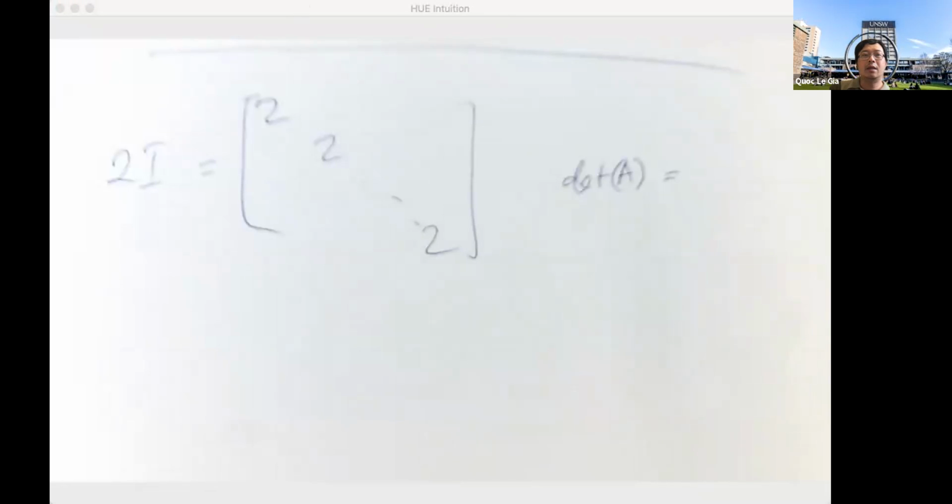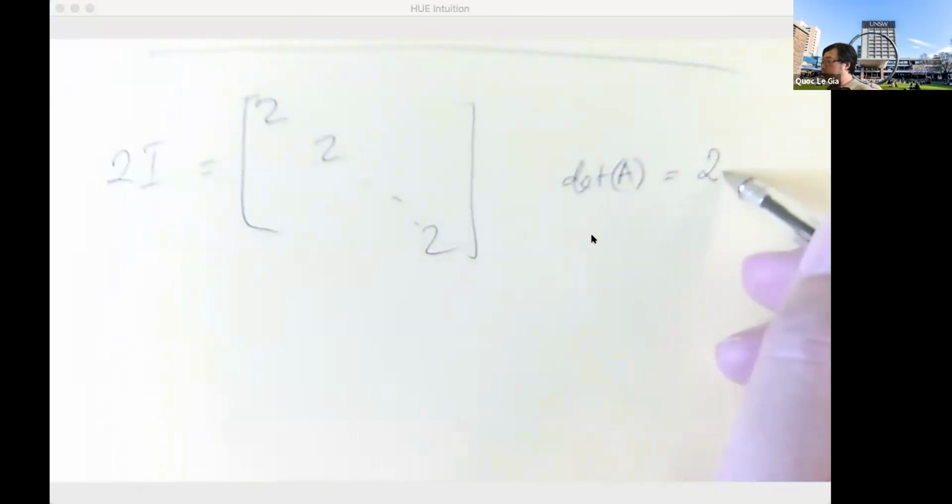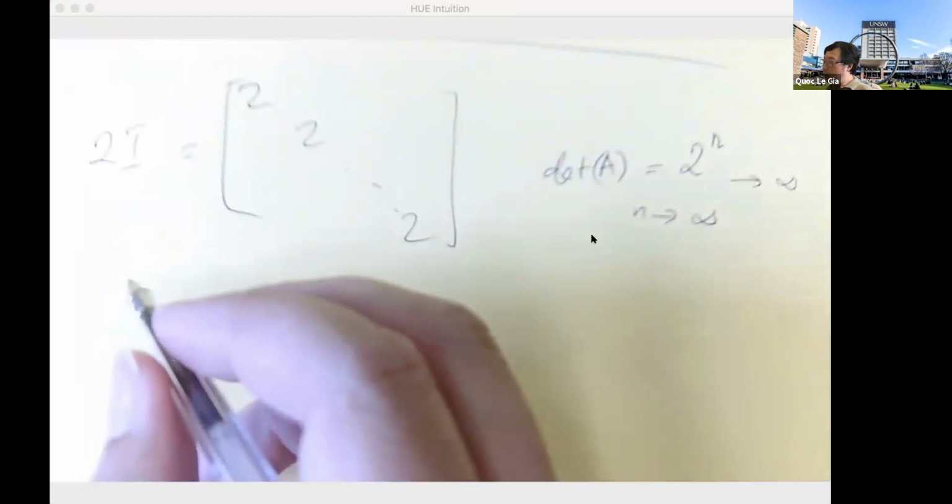Yeah, so the determinant will grow. Why is that? Because in this case, the determinant is just 2 to the n. But what happened to the condition number? This determinant definitely grows to infinity.